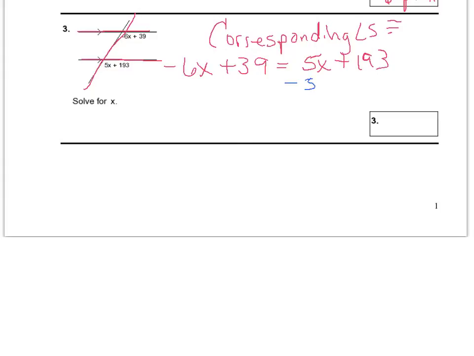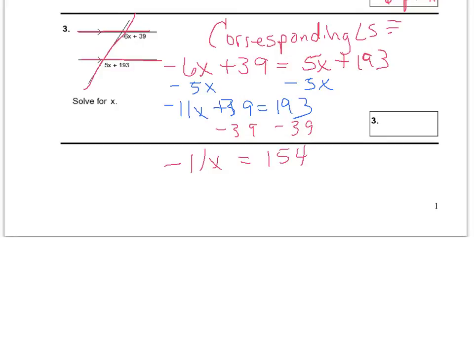We're going to subtract 5x from both sides, we get negative 11x plus 39 equals 193. We're going to subtract 39, and we get negative 11x equals 154. If we divide that by negative 11, we come up with x equals negative 14. And that's your answer.